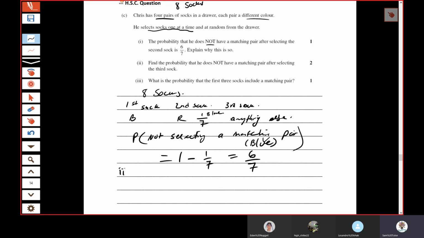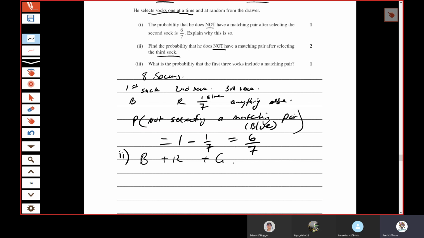Yes. Part two: find the probability that he does not have a matching pair after selecting the third sock. So that means it would have been black, red, and then green. So what's the probability of this occurring?